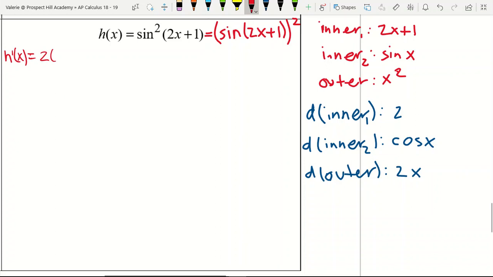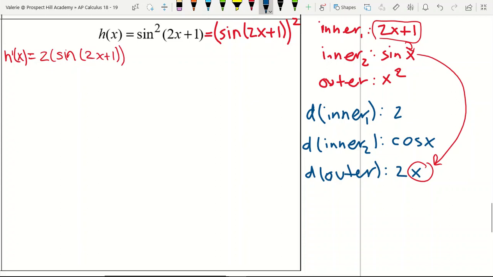And instead of x, we're going to put our inner function, but keeping in mind that our inner function has an inner function of its own. So our inner function is sine x, but instead of x, we still have this 2x plus 1.